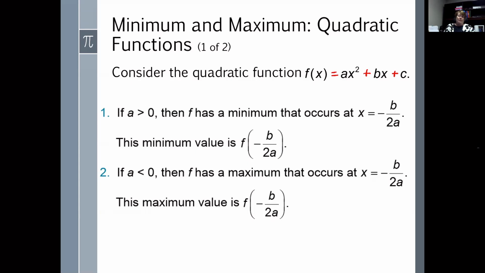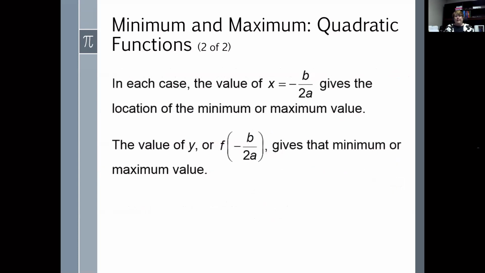So the minimum is the y coordinate of the vertex, and it occurs at the x coordinate of the vertex. If a is less than 0, it's a negative number, then the function has a maximum. And that maximum occurs at the vertex. It occurs at x equals -b/2a, and its maximum value is the function evaluated at that value.